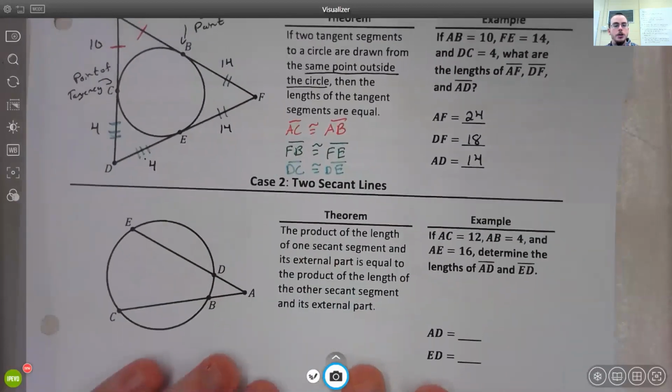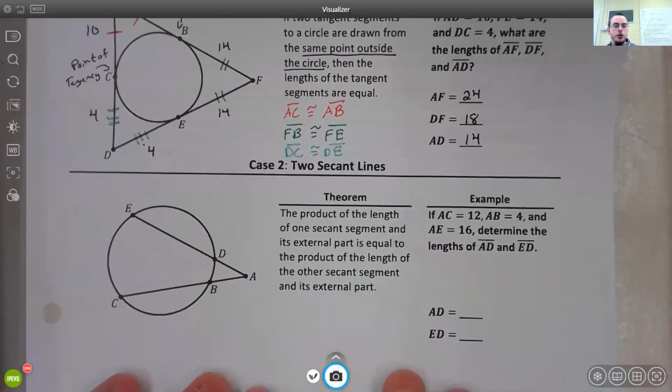All right. So let's look at case 2, and case 2 are two secant lines.